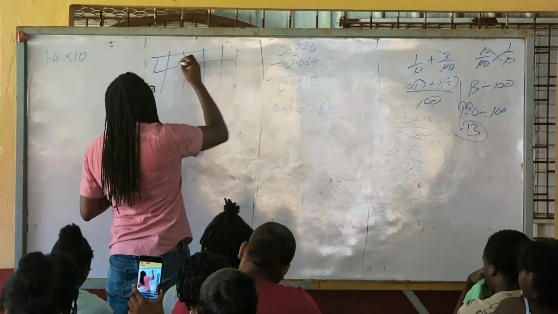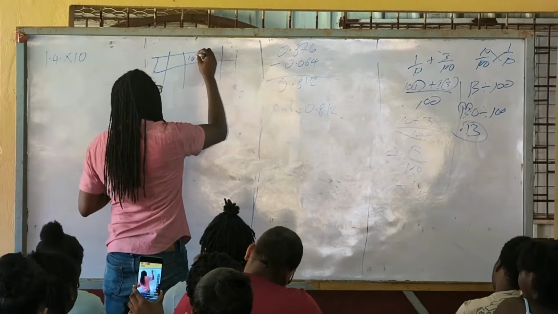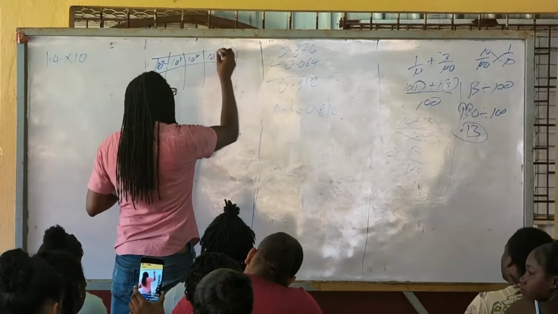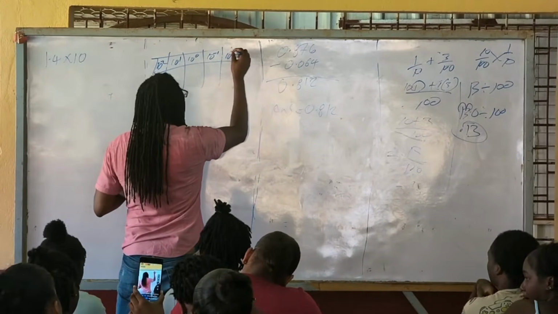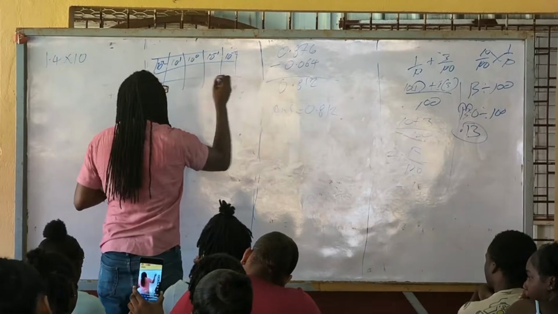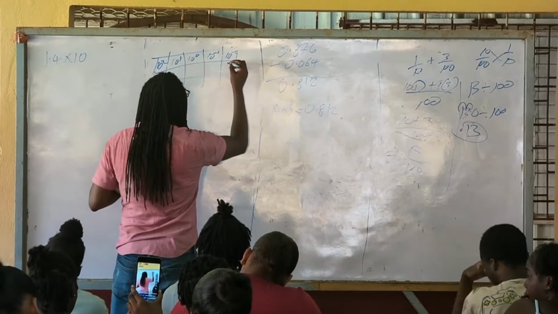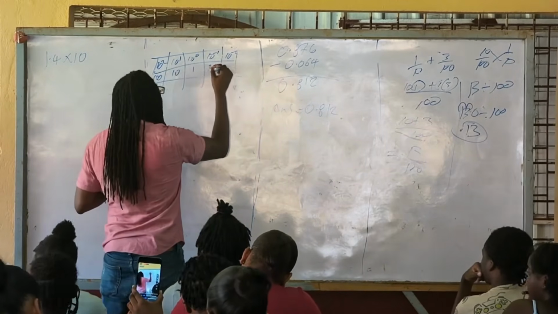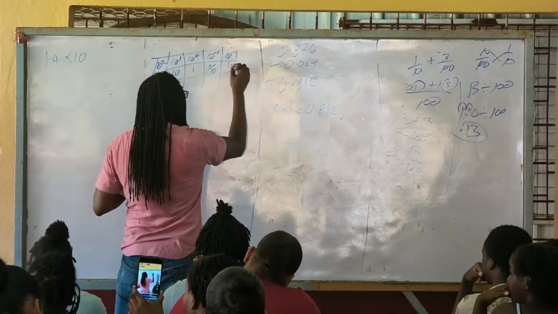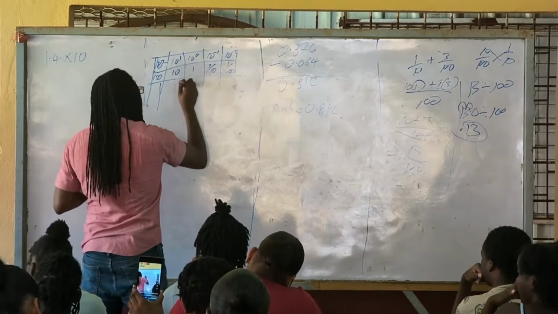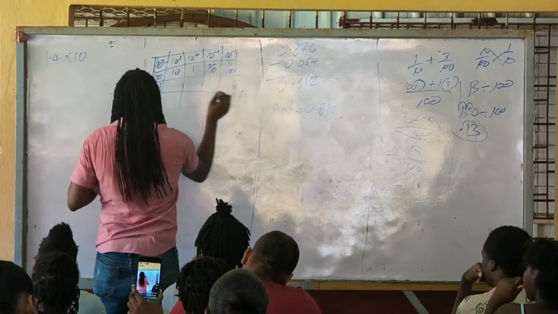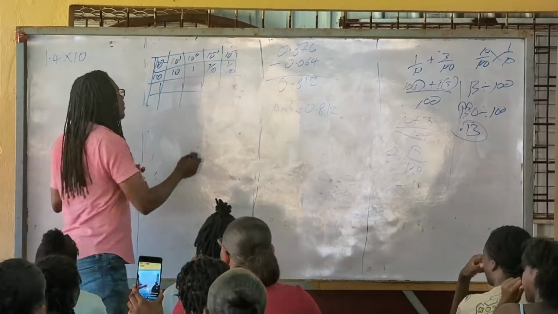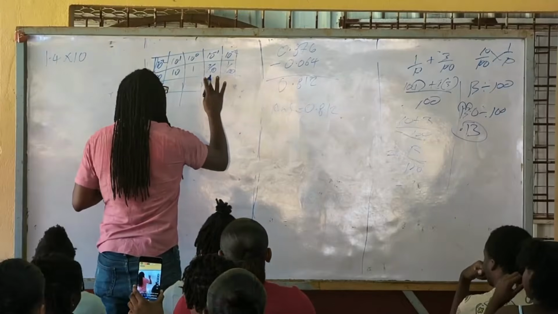So we're going to go 10 to the 0, 10 to the 1, 10 to the 2, 10 to the minus 1, 10 to the minus 2. This is going to be 1, 10, 100, 1 over 10, 1 over 100. And the answer is 1.4. How many ones do we have? 1.